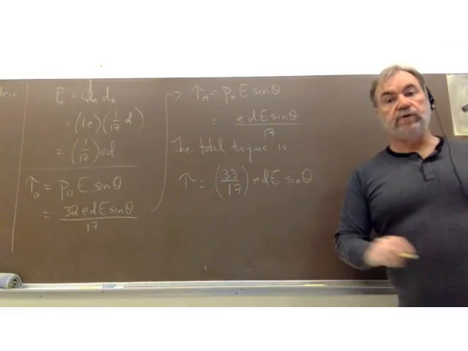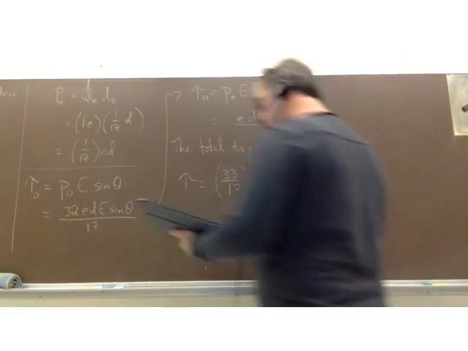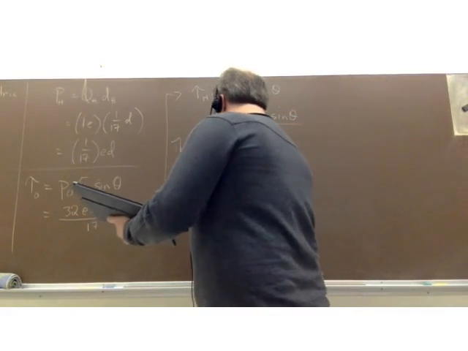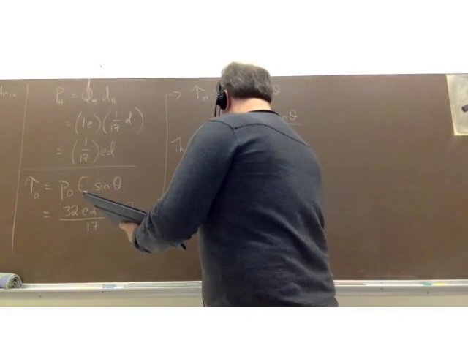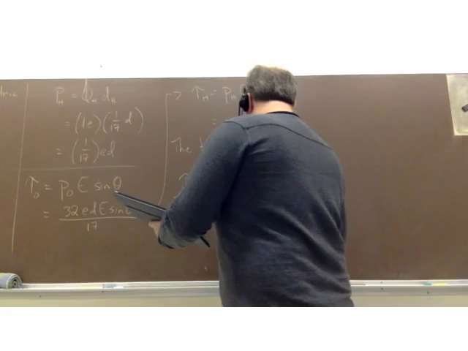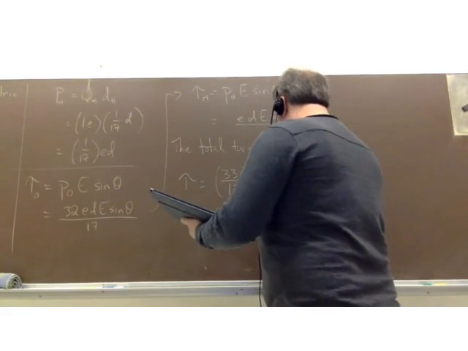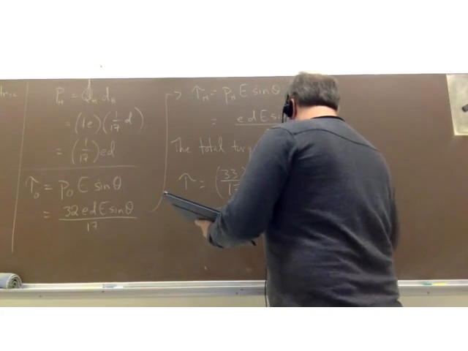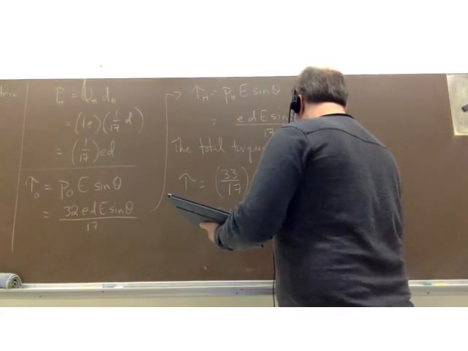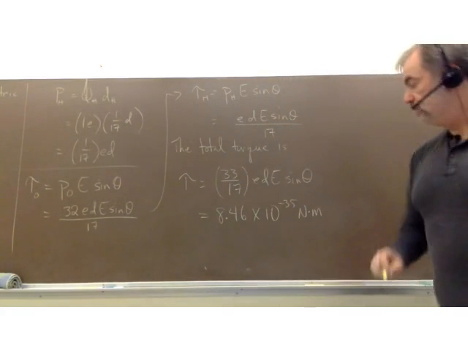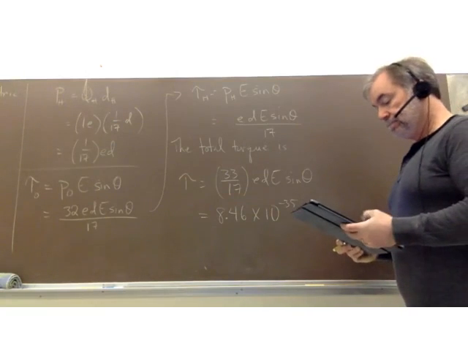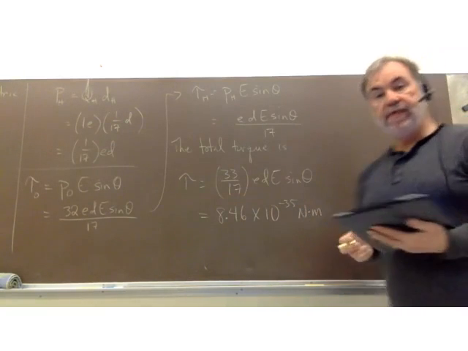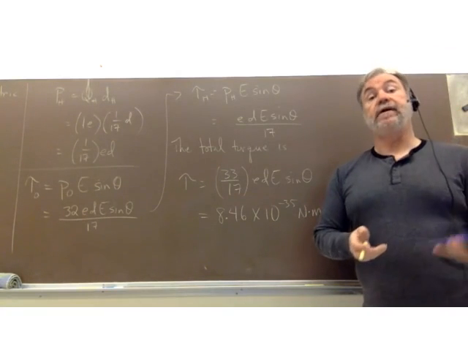Now I substitute in the given values, and I ended up with 8.46 times 10 to the negative 35 Newton meters. Okay. That is pretty darn exciting.